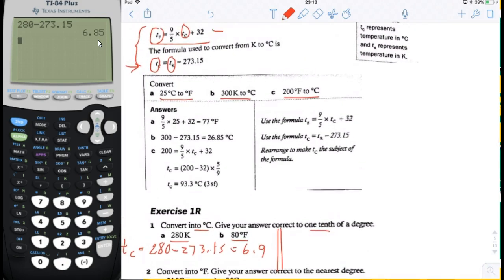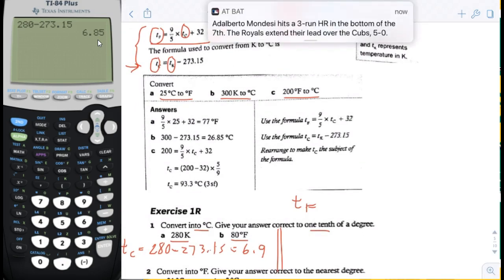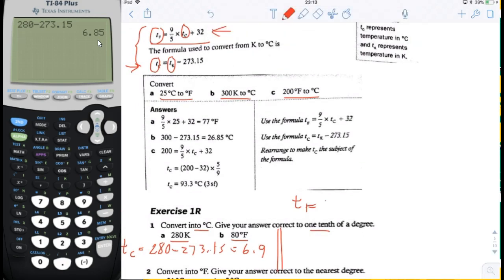Basically, we're going to use this formula here. Temperature in Fahrenheit equals 9/5 times temperature in Celsius plus 32. I know that my temperature in Fahrenheit is 80, so I'm going to fill that in. And then on the other side I'm going to put 9/5 TC.